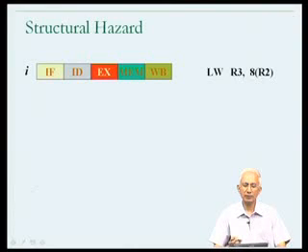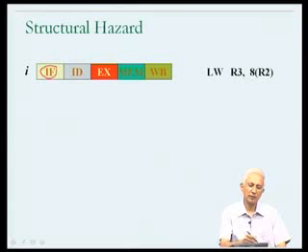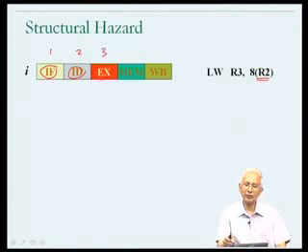Let's suppose that the first instruction of interest to us, which I'll describe as instruction I, is a load word instruction. The load word instruction will be fetched in the first cycle. It will be decoded, fully understood in the second cycle, and its operand, the value of R2, will be fetched. In the third cycle, the value of 8 plus the value inside R2 will be calculated.